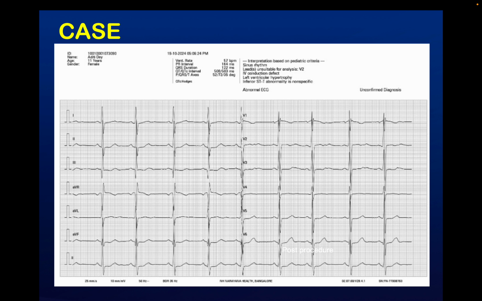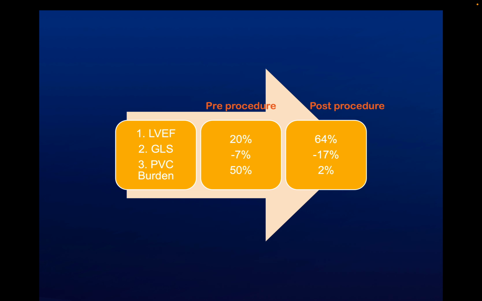This PVC was ablated from the posteromedial papillary muscle in the left ventricle, and upon restoration of sinus rhythm, the ejection fraction of the patient similarly improved from an LVEF of 20% pre-procedure to a post-procedure LVEF of 64%, with a significant reduction in the burden of PVCs from 50% to 2%, and these 2% were not the morphology that we ablated, with similar significant improvement in the global longitudinal strain.